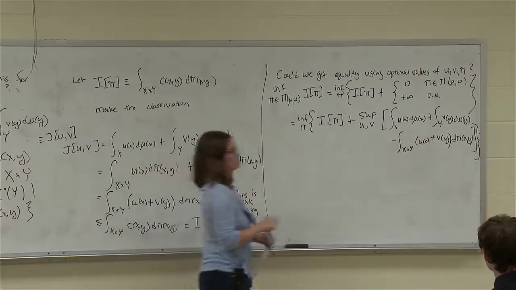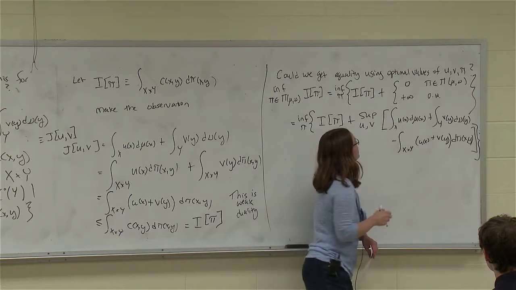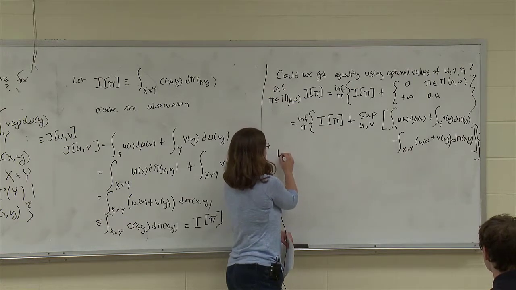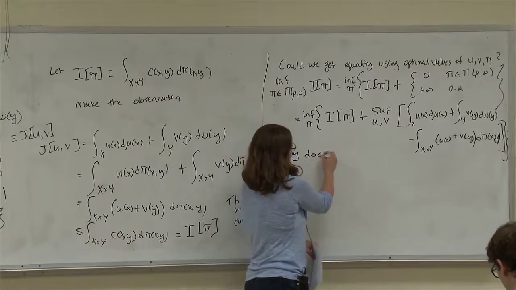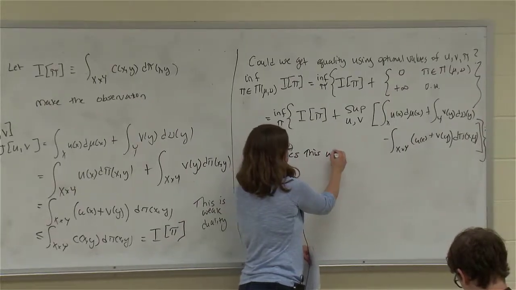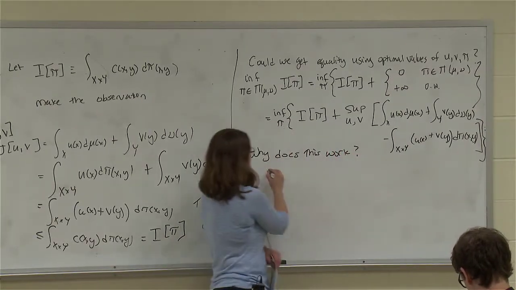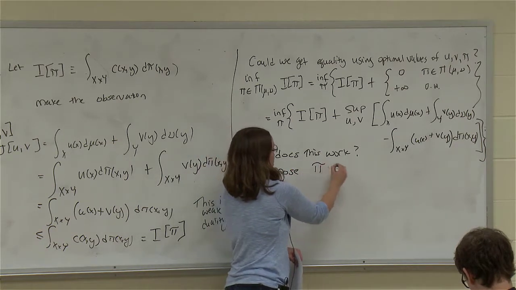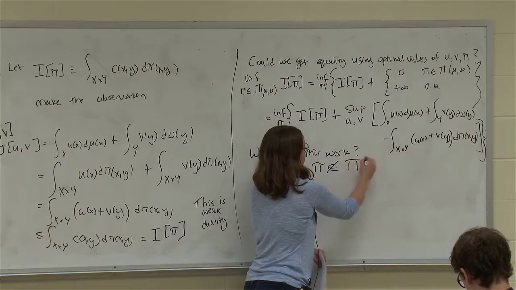It doesn't have to be positive. Okay, why don't I take this on a separate line? Let's just do a little interlude here. Why does this work? Okay, so let's suppose that pi doesn't have the correct marginals.